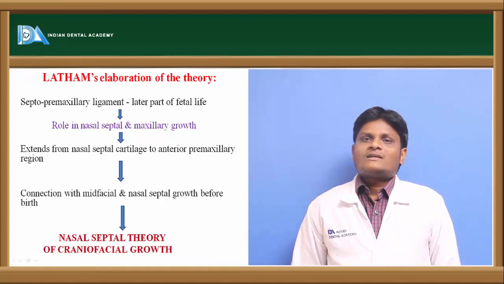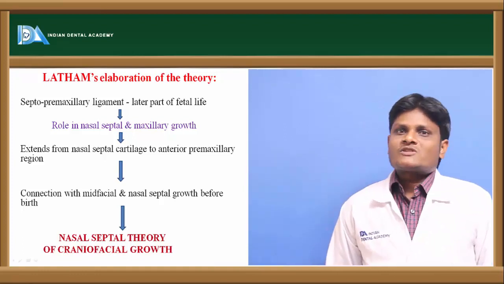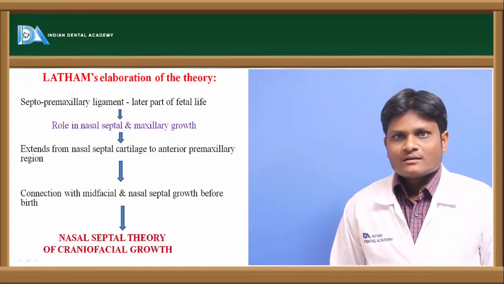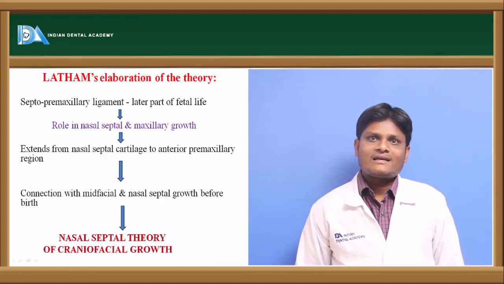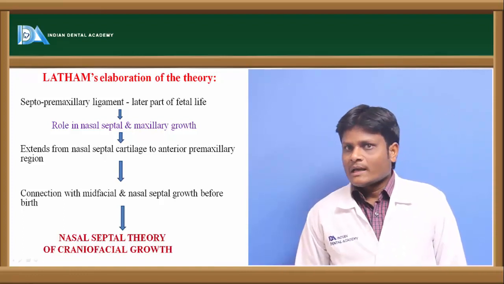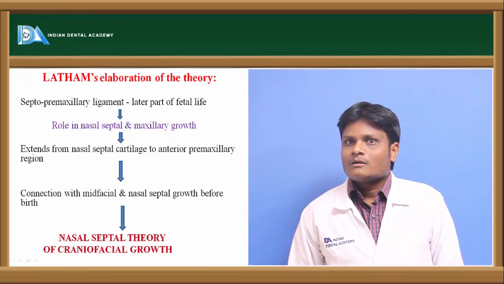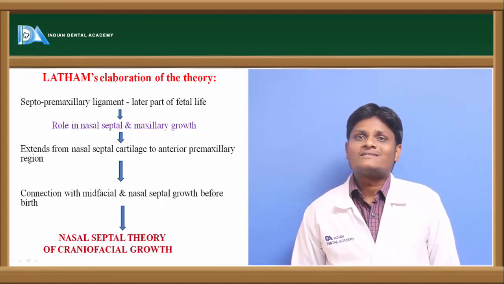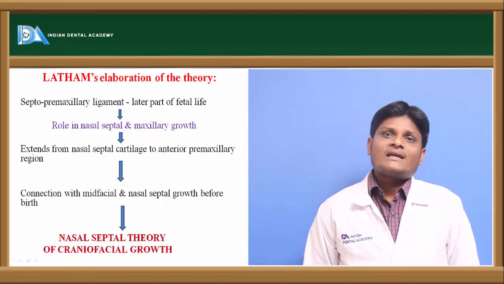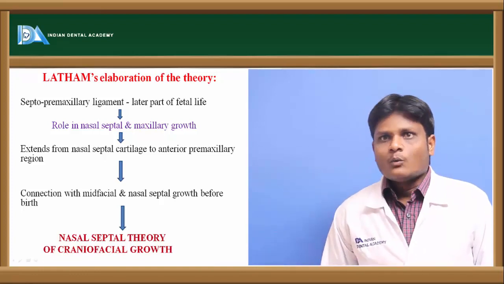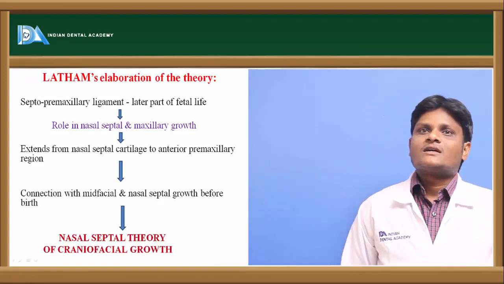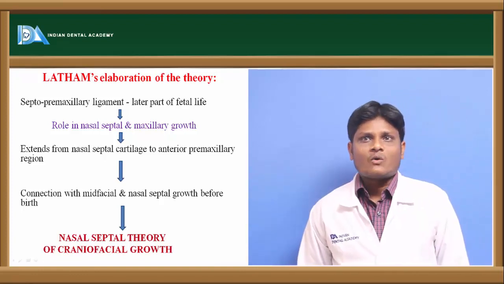In order to check the viability of this theory, the authors cultivated the cartilages in an artificial medium, and they found that two responses were elicited. The primary cartilage had innate growth potential, whereas the secondary cartilage did not grow on its own.